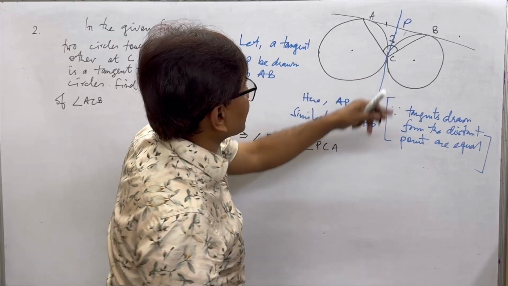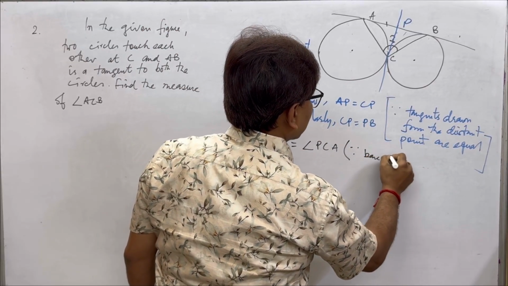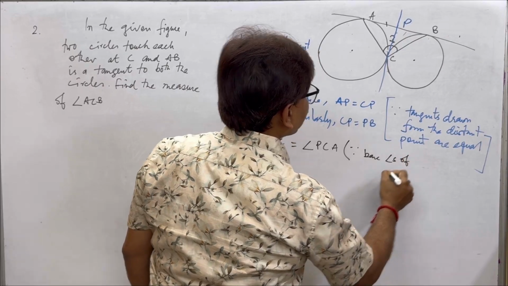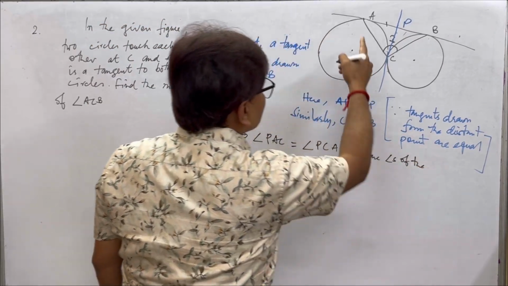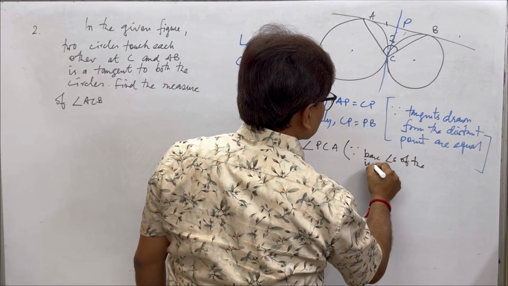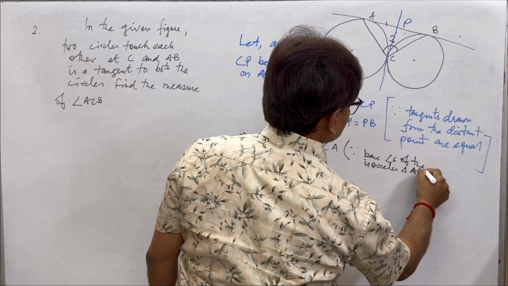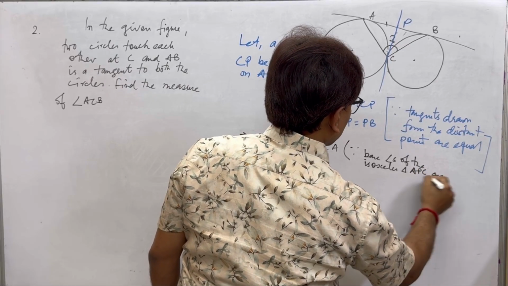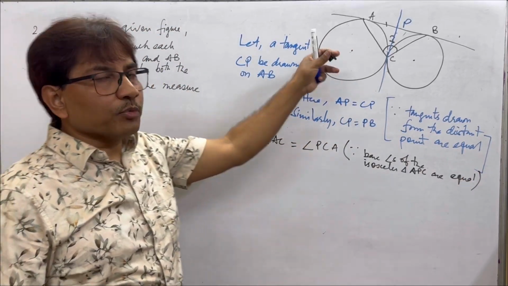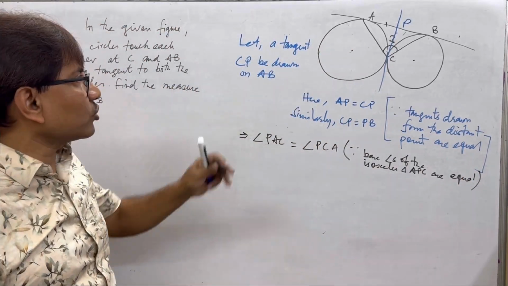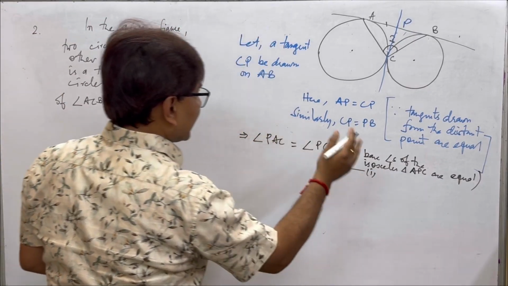As this equals this, definitely the base angles are equal, since base angles of the isosceles triangle APC are equal, or the angles opposite to equal sides are always equal. This is equation number 1.